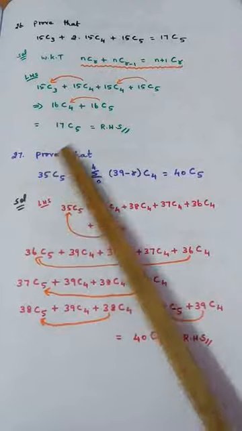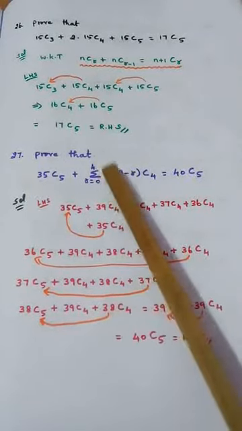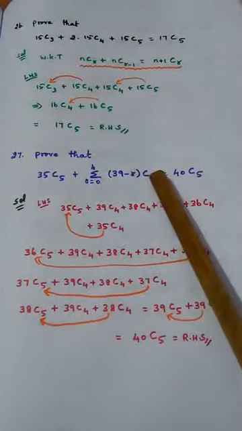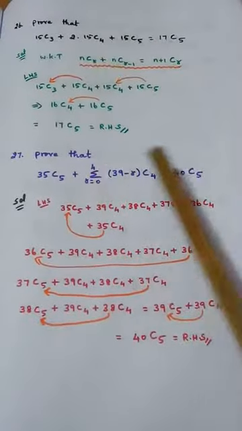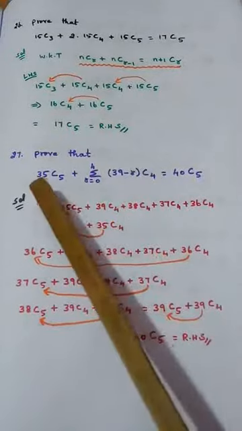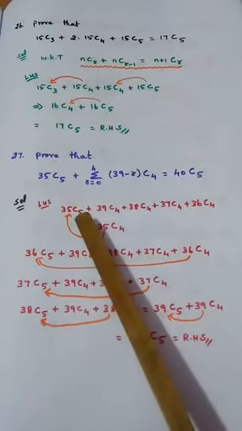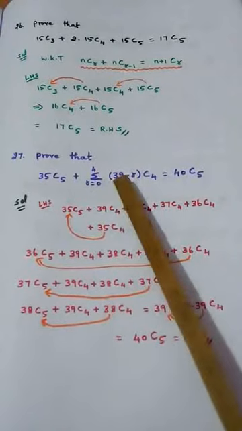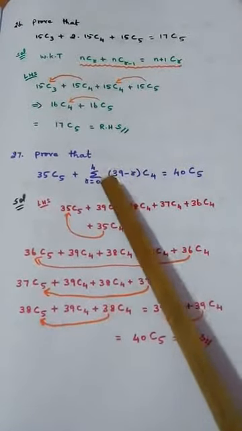Problem number 27. Prove that 35C5 plus sigma r equal to 0 to 4 of 39 minus r C4 is equal to 40C5. Again we need to prove LHS equals RHS. First we take the left hand side. 35C5 is written. Sigma means addition, r varies from 0 to 4, so 0, 1, 2, 3, 4.